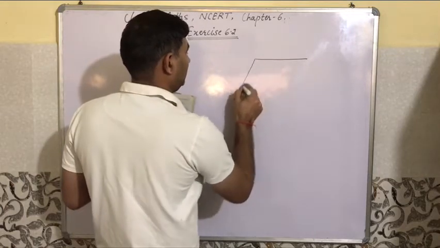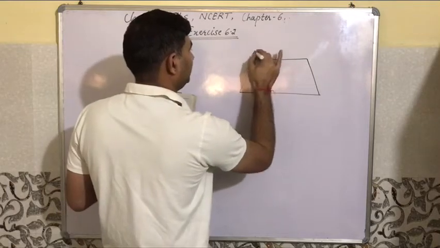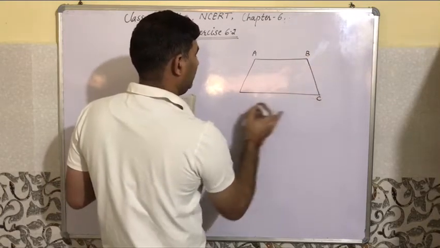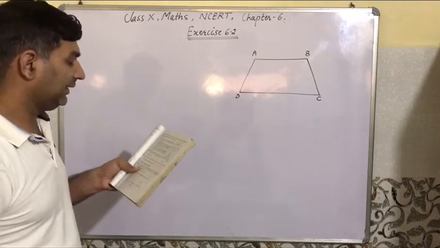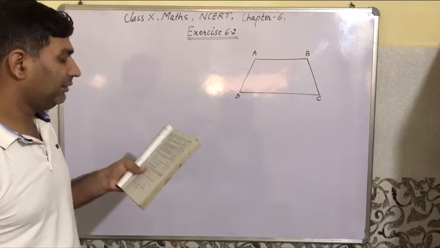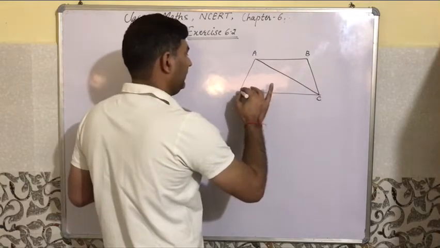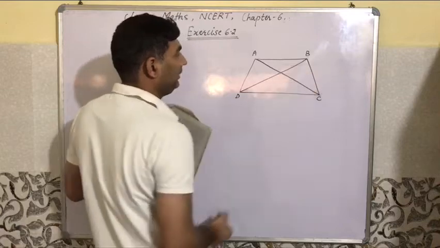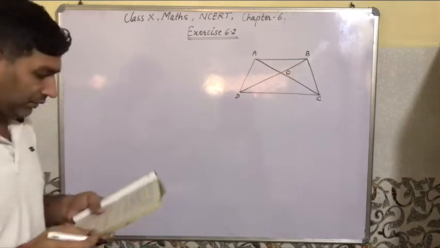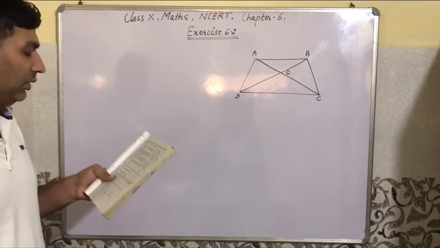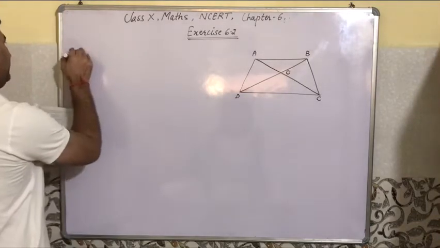This ABCD is a trapezium, and its diagonals intersect each other at point O. The diagonal AC and diagonal BD intersect at point O. Then show that AO upon BO is equal to CO upon DO. Question number 9.